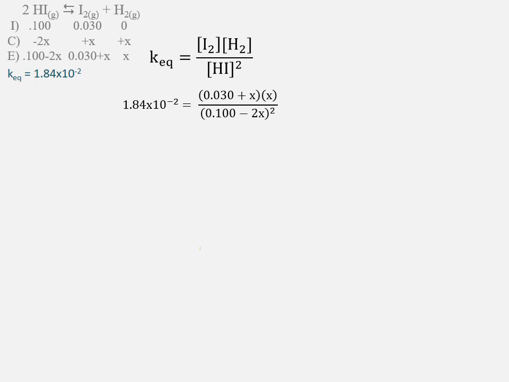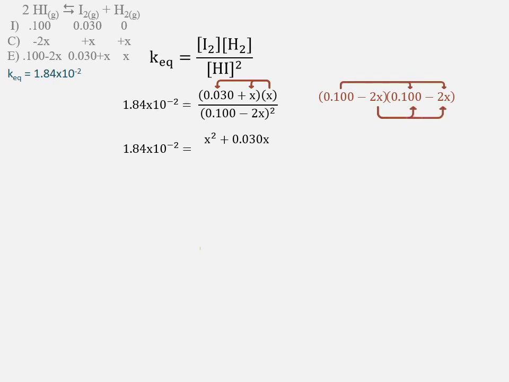My first step will be to distribute the x into the numerator, and that will give me x squared plus 0.030x. Now I'm going to want to FOIL the denominator. And when I FOIL the denominator, I get 4x squared subtract 0.4x plus 0.01.